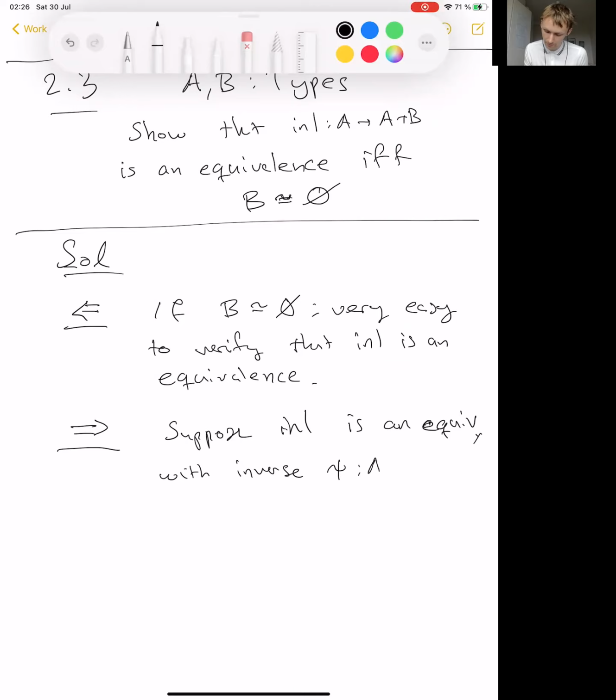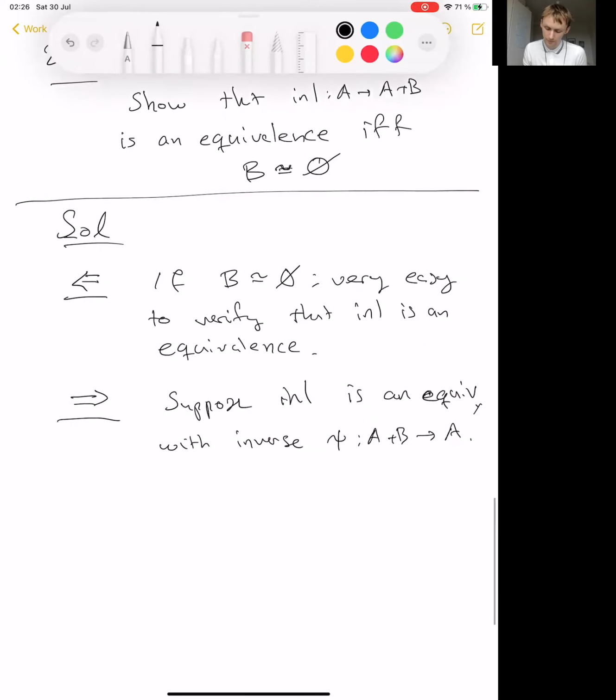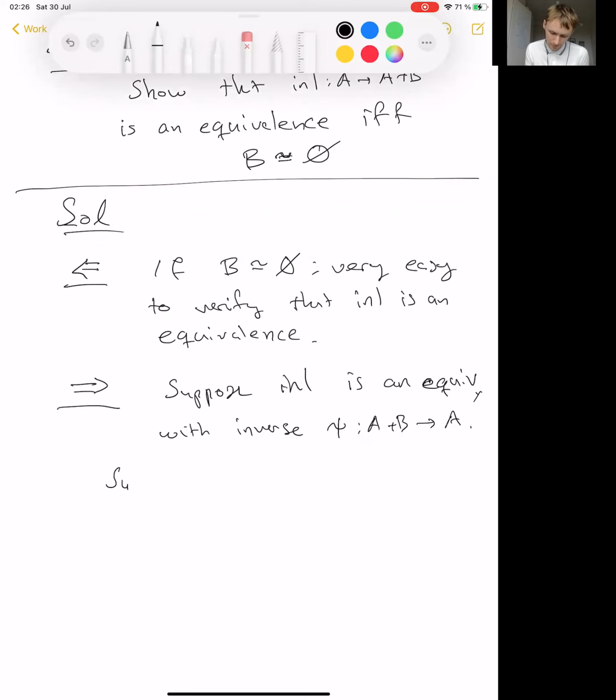So psi now goes from A plus B into A. Okay, so we're first just going to show that if we have an element of B, we get a contradiction. That's sort of the gist of the solution. So suppose we have some b of type B.